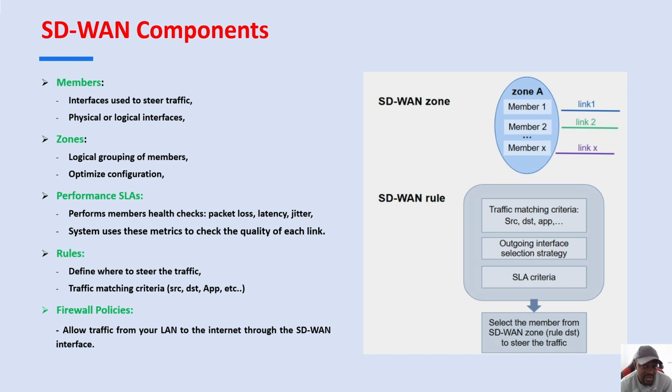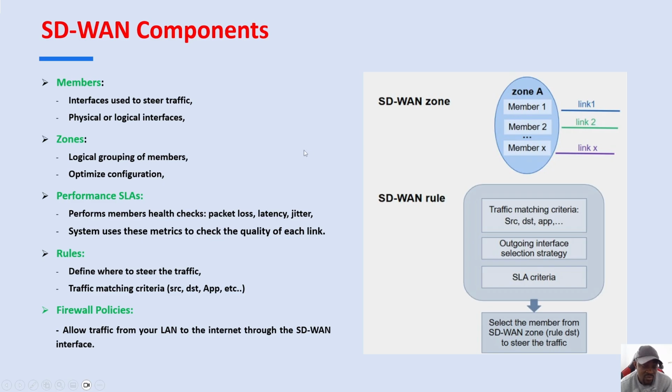So if you have two links, you have two members. Then talking about the zone, a zone is a logical grouping of the members. As you can see from this image, you have the SD-WAN zone, and you add the members in the zone. As we said, you can have two or multiple members.